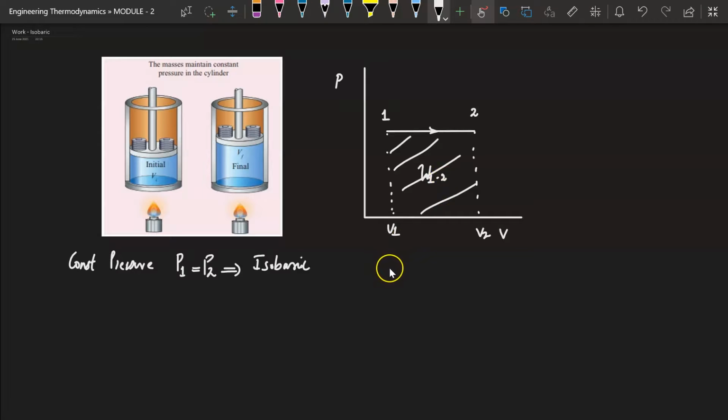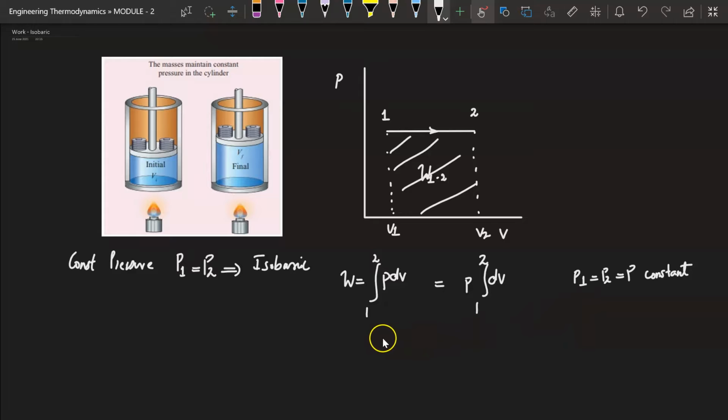Now I'll find it by using the equation W is equal to integral 1 to 2 PdV. So I'm applying this one. This is equal to P into integral 1 to 2 dV, as pressure P1 is equal to P2 is equal to P, which is a constant value here in the isobaric process.